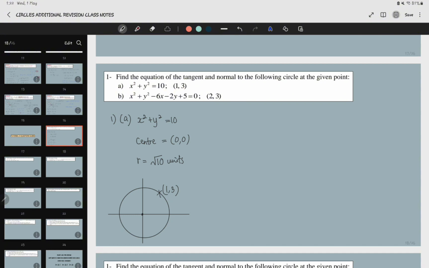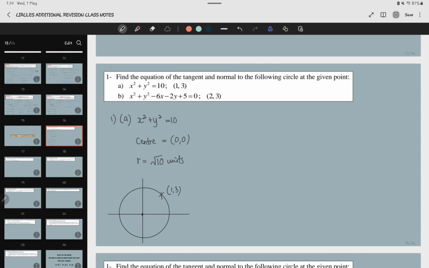Substitute it. 1 squared plus 3 squared. Is it equal 10? Yes, it is equal 10. When it equals 10, it fulfills the fact that that point is on your circle. So 1, 3 is on your circle. Because some people would say 1, 3 is here, it looks like it's outside, right? You cannot just guess. You have to prove it. So 1, 3 is here.